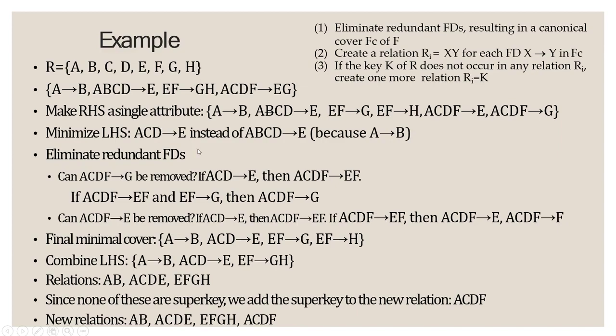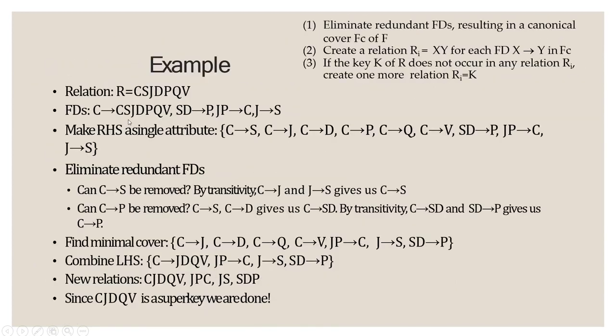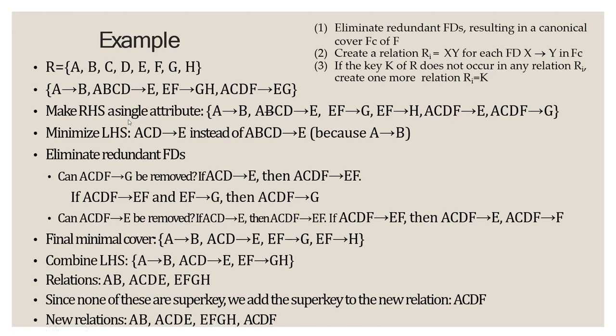So we're going to add F onto the left side and the right-hand side. We added F here and we got A, C, D, F, and then I added F to this one, so we have E, F. So this is true, right? And then we have E, F determines G. If I combine these two and use transitivity, I can infer that A, C, D, F determines G, which we already have in here.